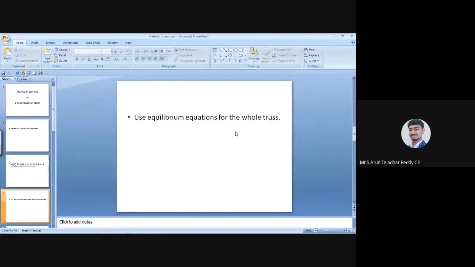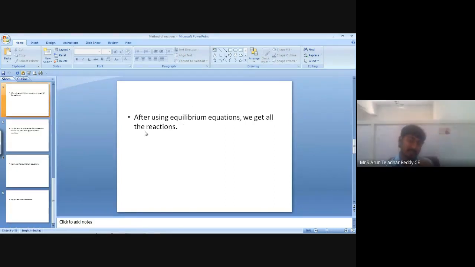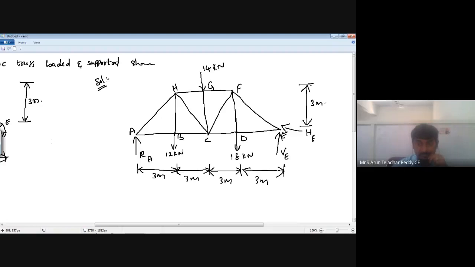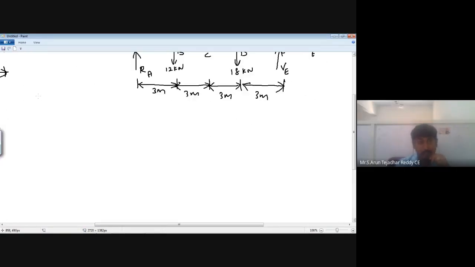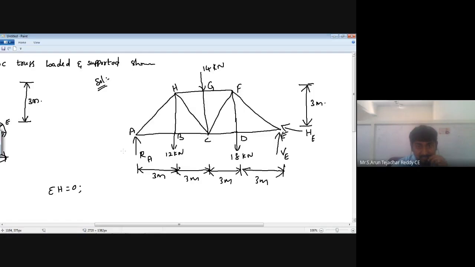Use equilibrium equations for the whole truss, then we'll get the reactions. See in this figure, apply the equilibrium equations. First of all, summation of horizontal force is equal to 0. Observe in this diagram, is there any horizontal force?